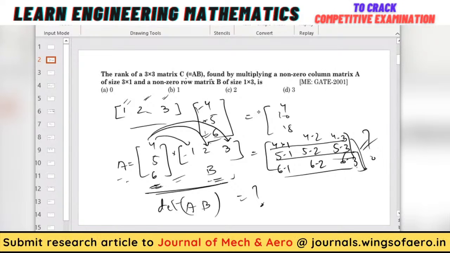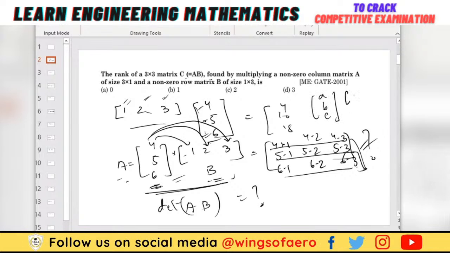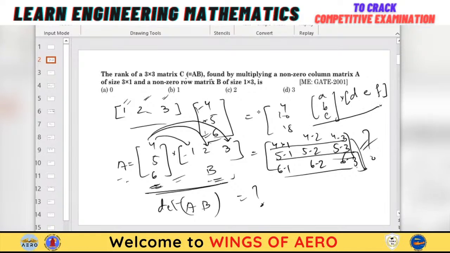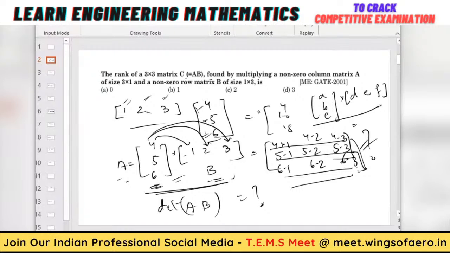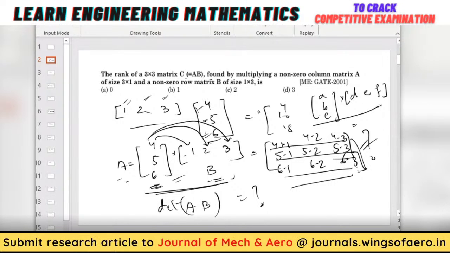Suppose it is A, B, C and this is D, E, F. If I multiply these two matrices, what is the determinant of this multiplication? Without the values, how can we say the determinant? This has a fixed value.